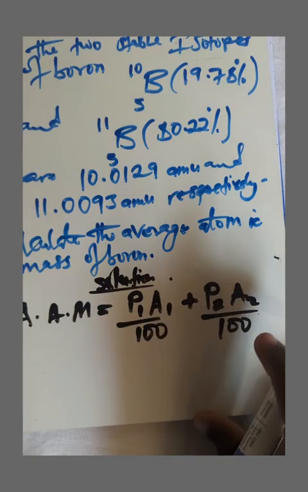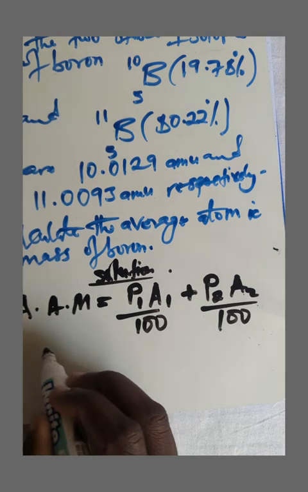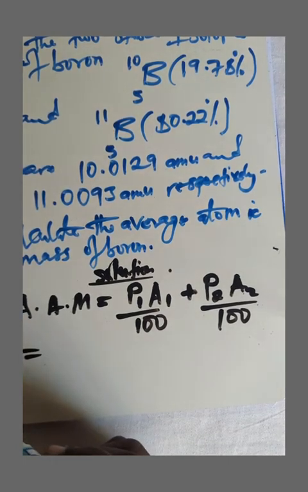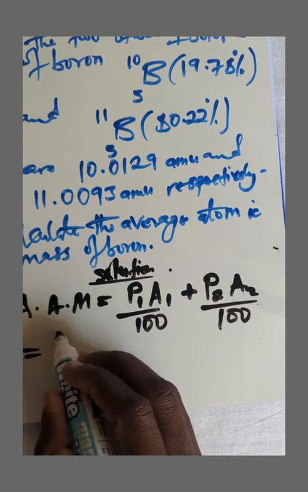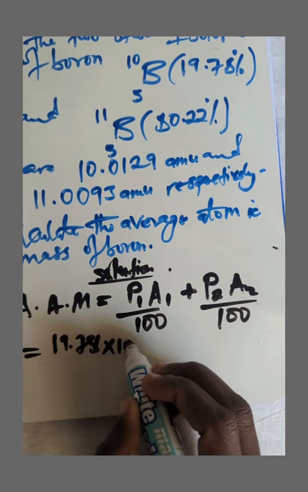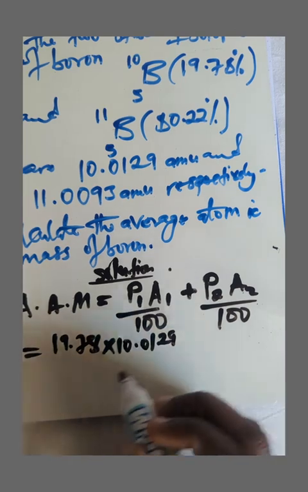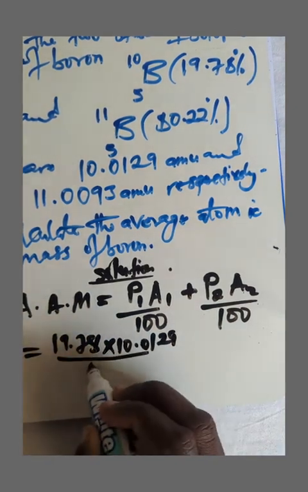So let's plug in the values. For percent abundance 1, boron has a percent abundance of 19.78, which multiplies 10.0129 atomic mass unit, everything over 100.